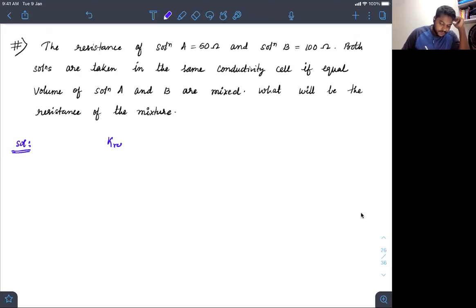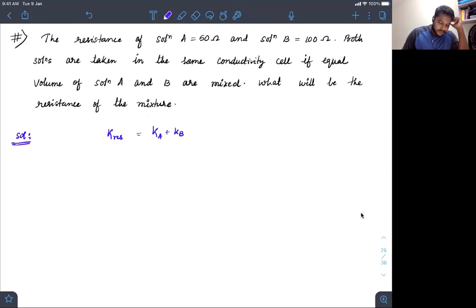K resultant will be equal to Ka plus Kb. Yes, we can write it as K resultant will be G dash by R resultant, equal to G dash divided by Ra plus G dash divided by Rb. G dash will get cancelled. Got it?